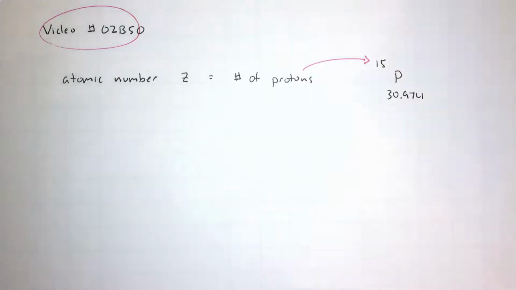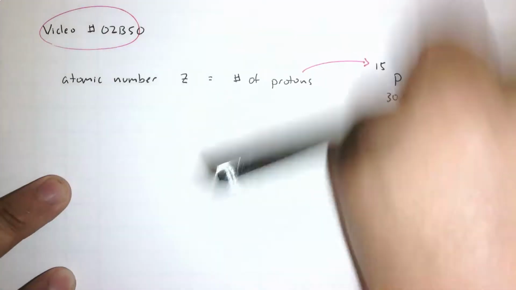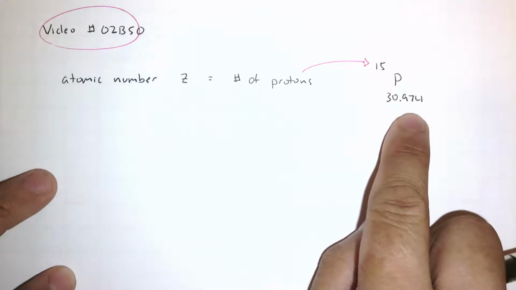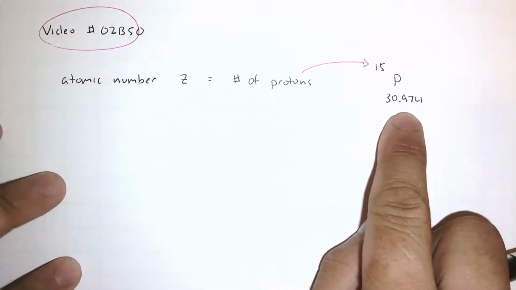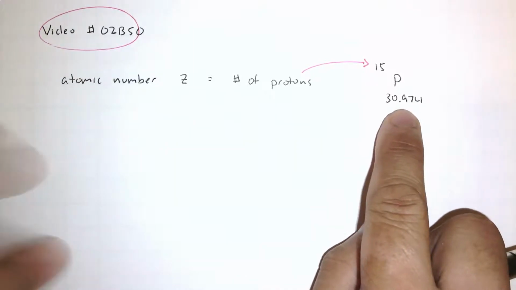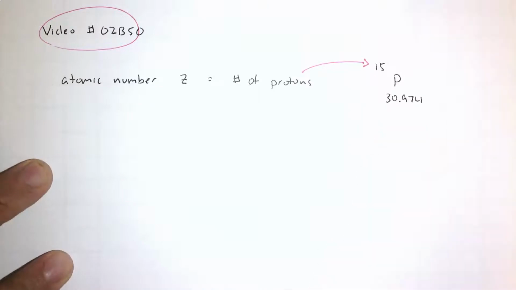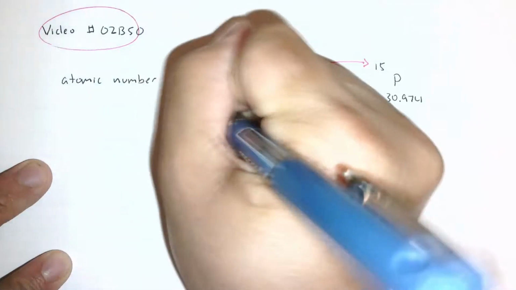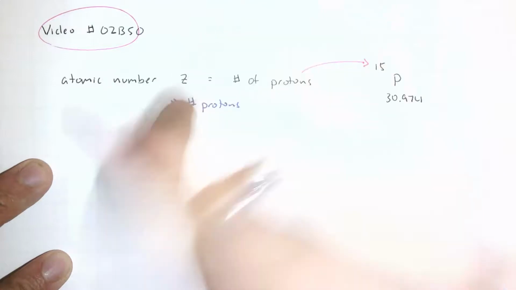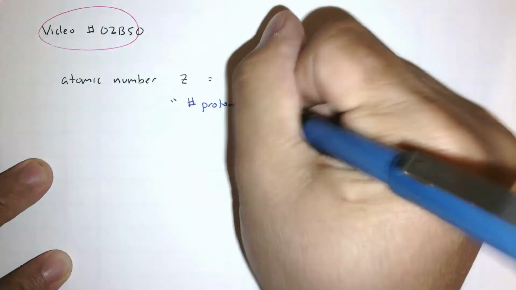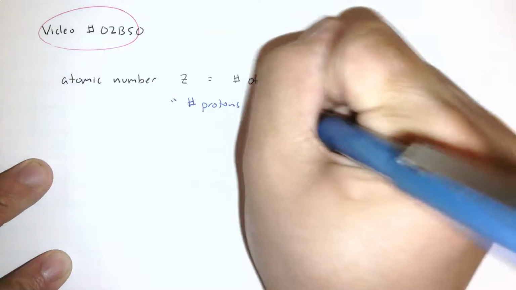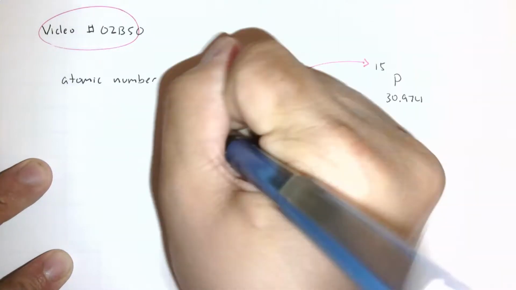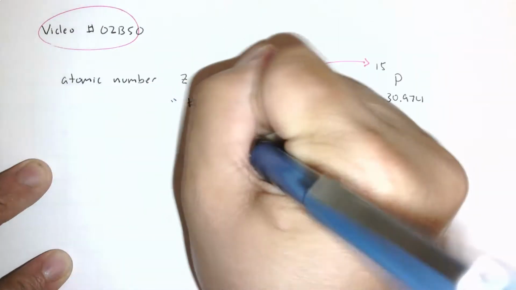Next, and again, we won't get to what this number is. We'll touch upon it, but we won't explain how to calculate until a later video. So the next thing is, before I do that, you want to remember that the number of protons, or the Z, identifies the specific element.